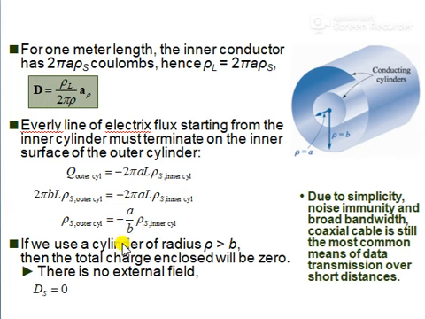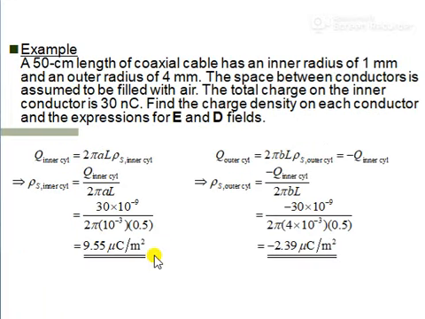The total charge on the inner surface is this, and the total charge on the outer surface is this. So both are equated, outer and inner are equated, so we get the rho s outer. Now we'll see one example on this.